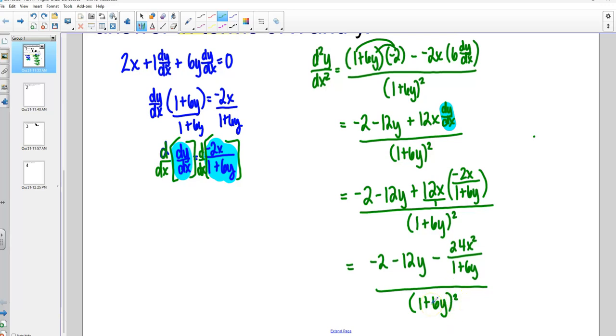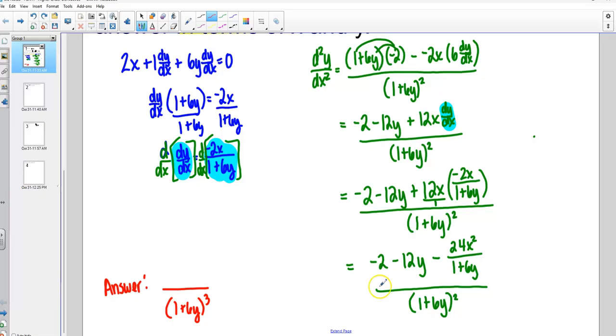And I don't have the answer for this one here with me, but I am certain that whatever the answer is, it's going to have 1 plus 6y to the third in the bottom of it.